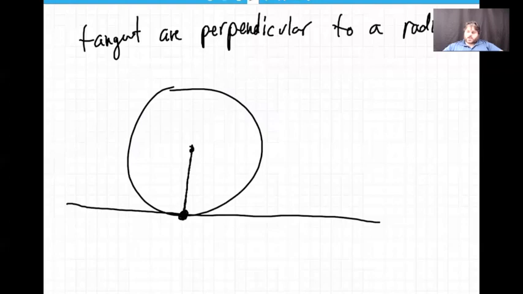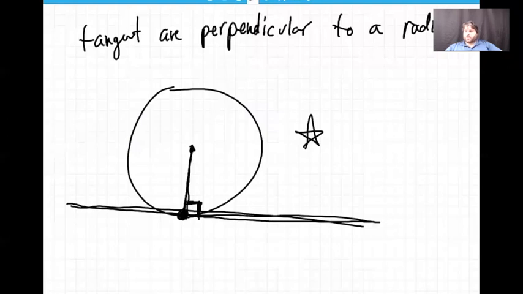Whatever radius touches this tangent point forms a 90-degree angle with the line, okay? This is huge. They will ask questions about this for sure on the test. They expect you to know that tangent lines are perpendicular at the point of tangency. That's what we call this point, a point of tangency. This radius that intersects at that point is perpendicular to this line here.